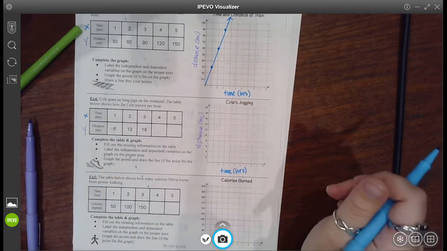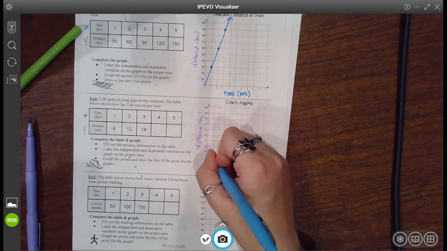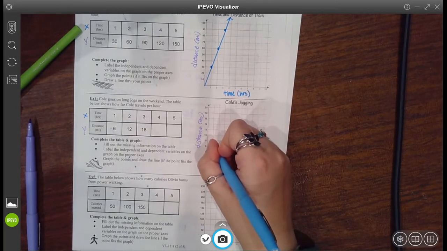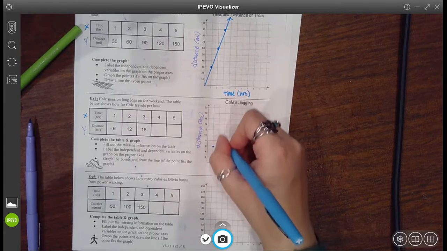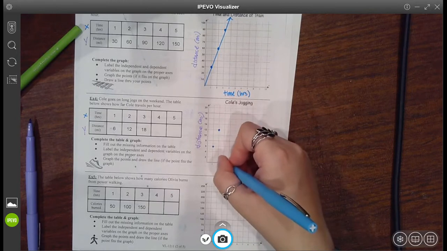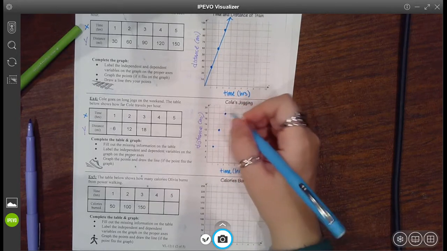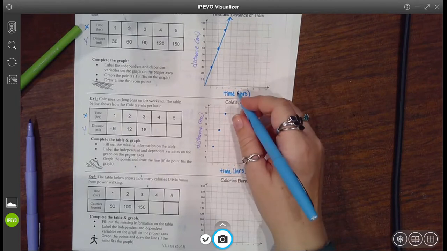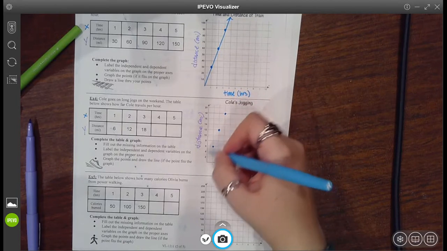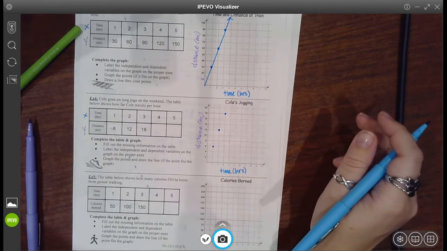Okay, now I'm going to go ahead and plot these points. So I have over 1, up 6. Over 2, up 12. Over 3, up 18. And it's not on here. So I can't extend the line and figure out where 4 hit, but can I look at the pattern?